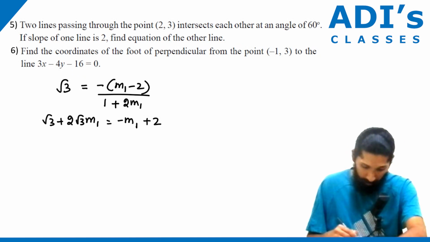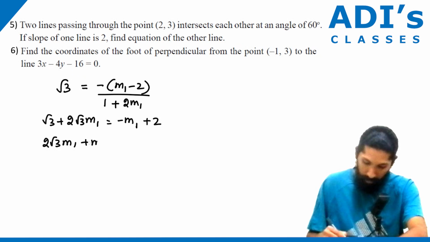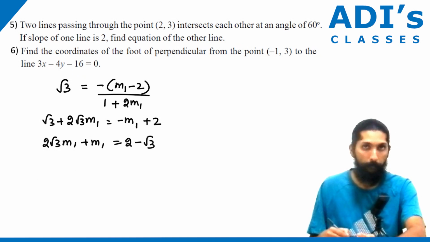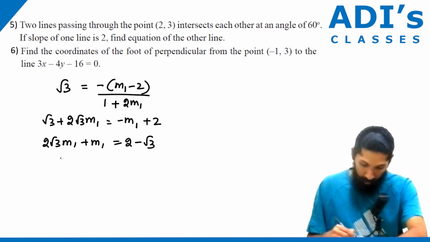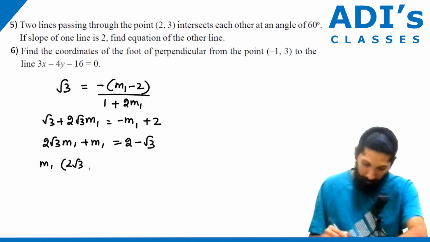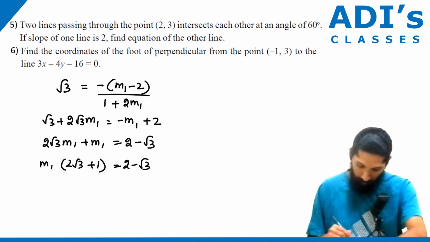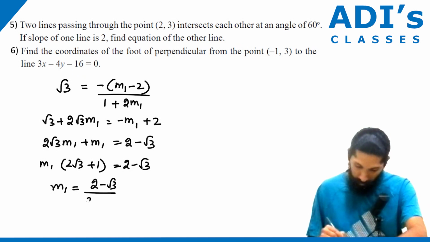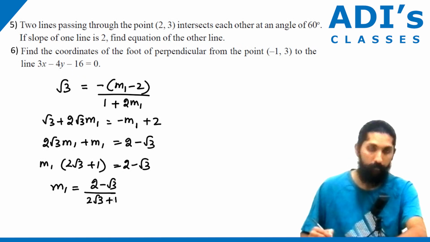Take it to the other side. 2 root 3 m1 plus m1 is equal to 2 minus root 3. Correct? So m1 into (2 root 3 plus 1) is equal to 2 minus root 3. So m1 is equal to (2 minus root 3) over (2 root 3 plus 1).